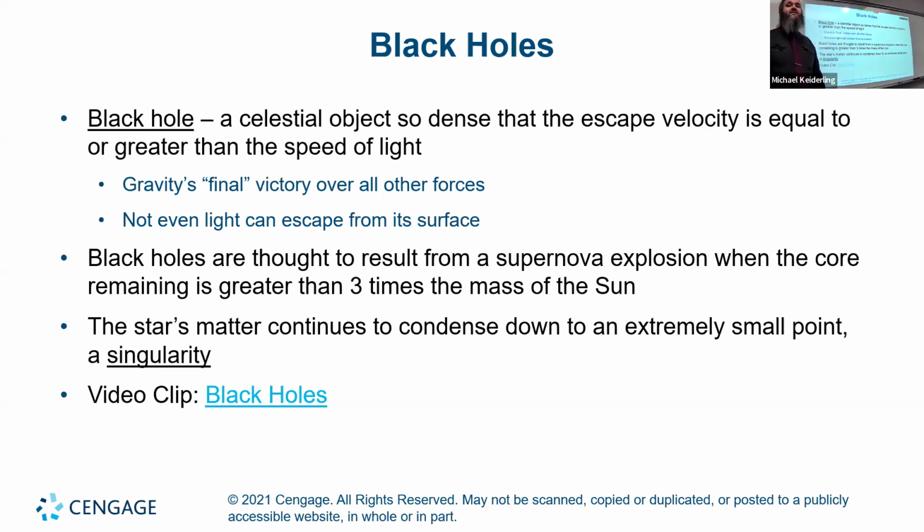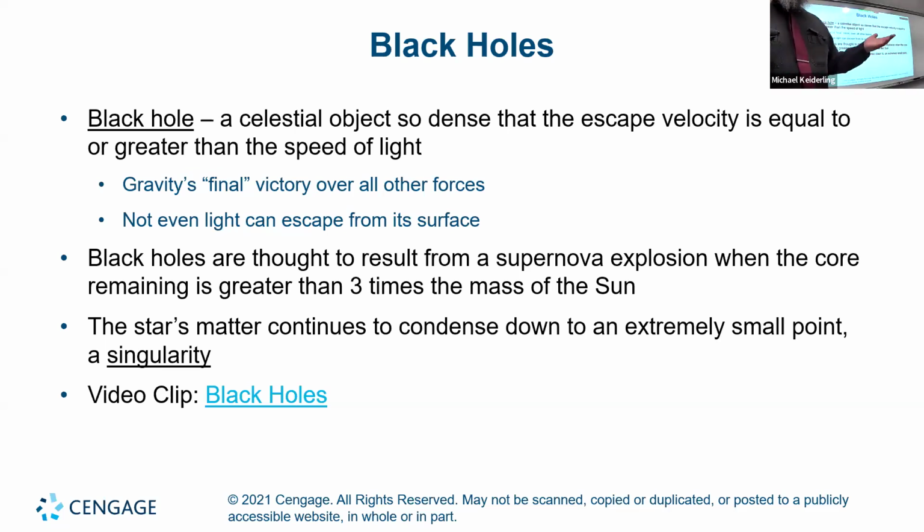And the star's matter will continue to condense down. It's thought the star's matter will continue to condense down into an extremely small point known as a singularity. But we don't really know, because basically black holes are just where we say gravity wins, here's what the math says if gravity could win. We know they exist, but we can't see anything past the point of no return, the event horizon.